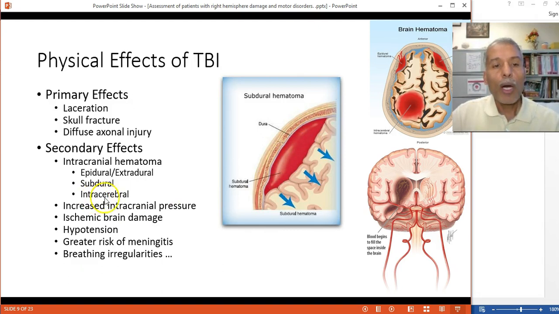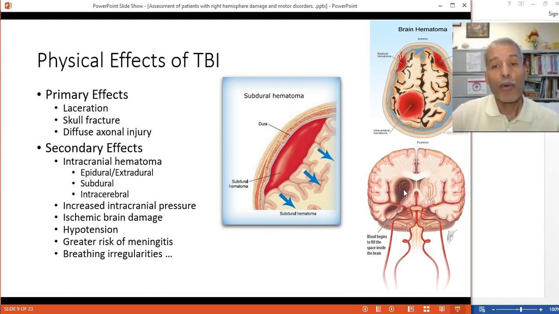There's also intracerebral hematomas, and the leakage is going to basically continue to push down. In this case, it is not on the surface, it is deeper in the brain, for example a blood vessel that broke deeper in the white matter.